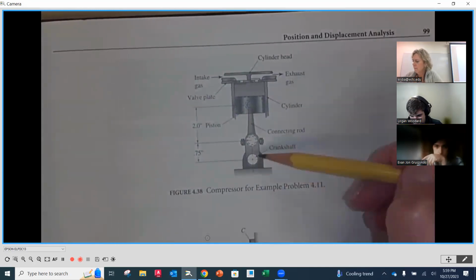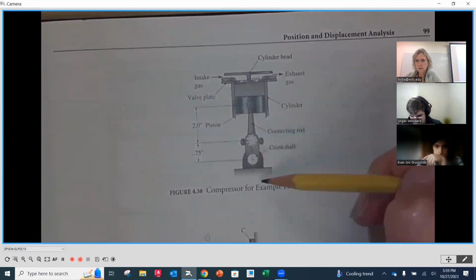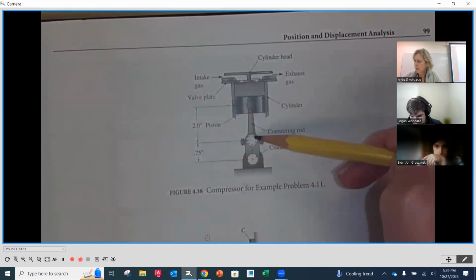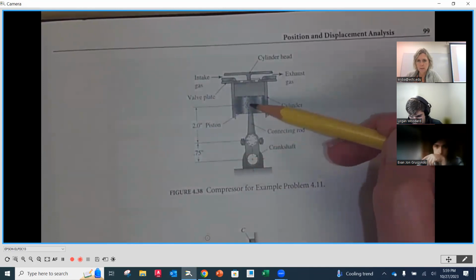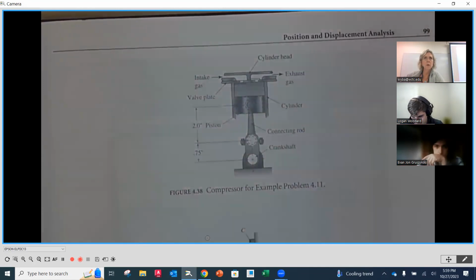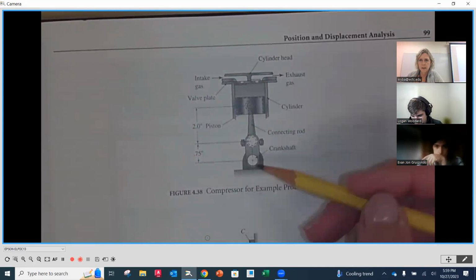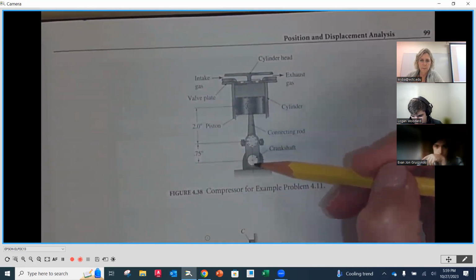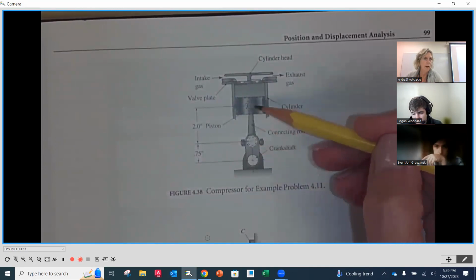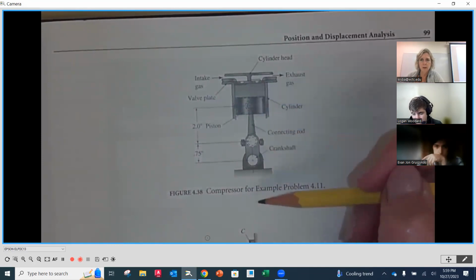So we've got a crankshaft, okay? And we've got our crank, which is going to go around. The connecting rod goes up to the piston, which is in the cylinder. So the cylinder holds that piston, or constrains it to vertical motion. So as our crank rotates, it's going to pull that piston down and back up and down and back up and so on, okay?